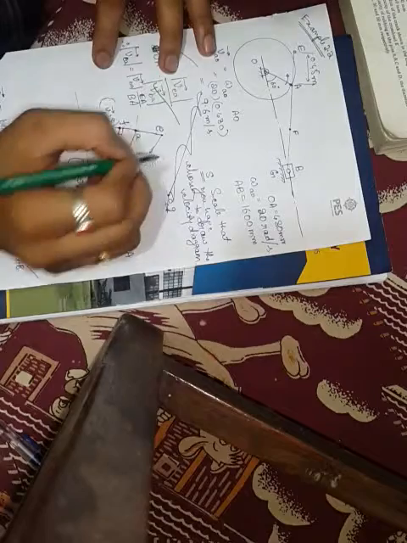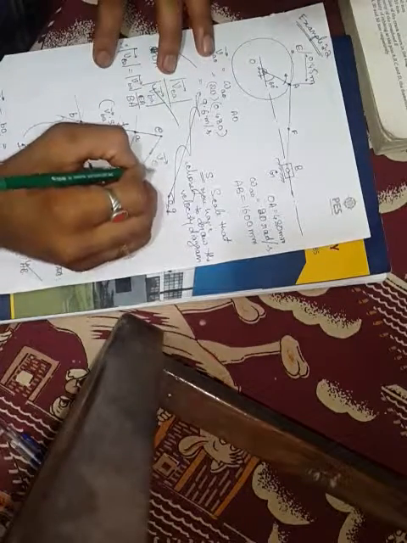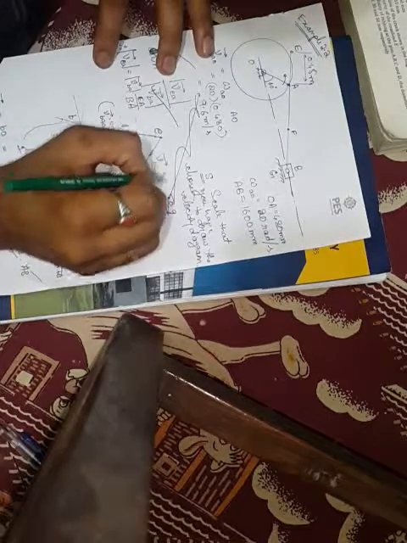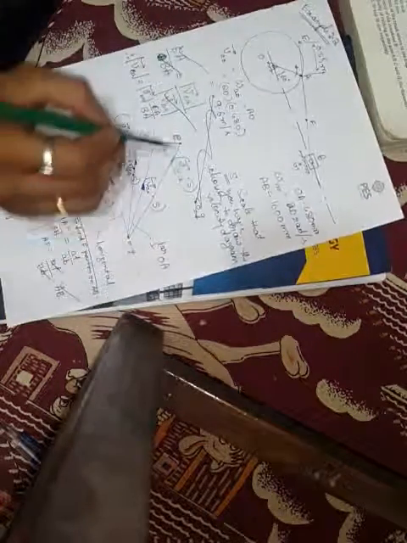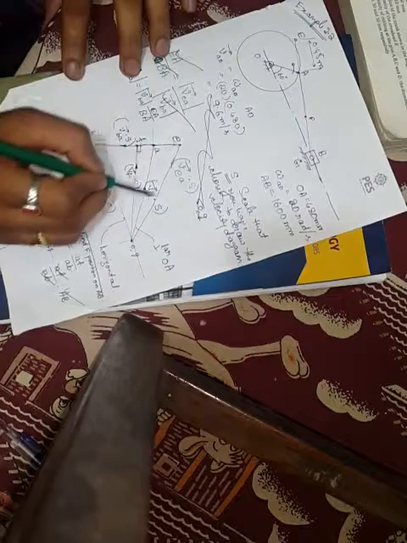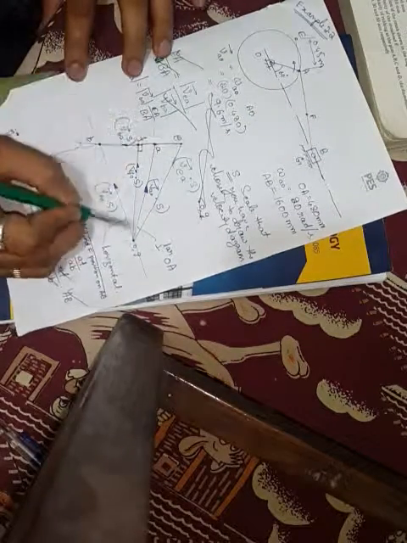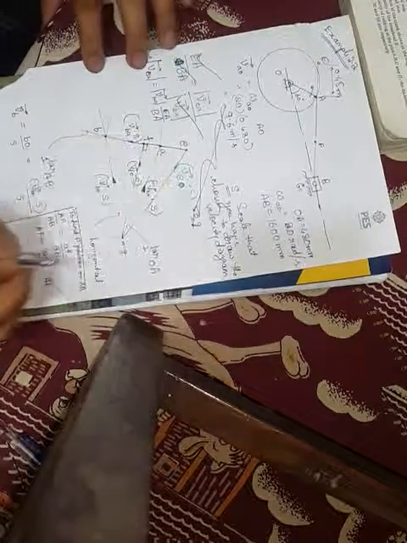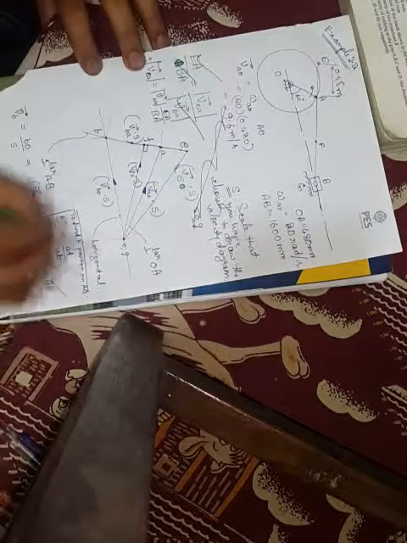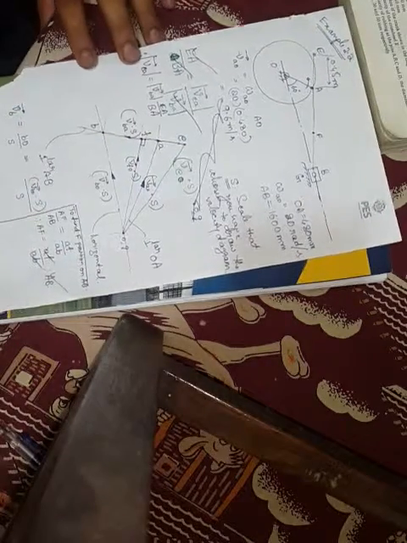This gives you the velocity of E with respect to A times scale. To find the velocity vector, you have to find the length of EO on the velocity diagram, and then divide that by the scale that you have selected.